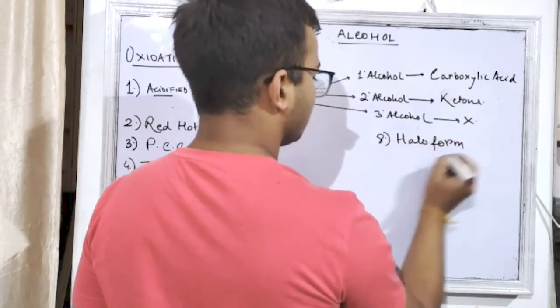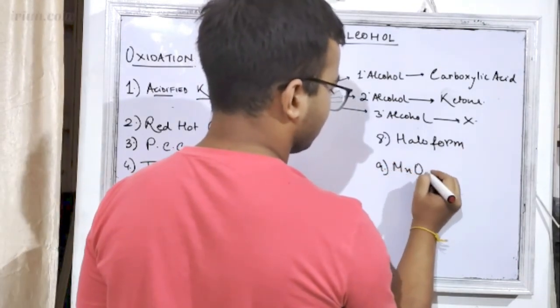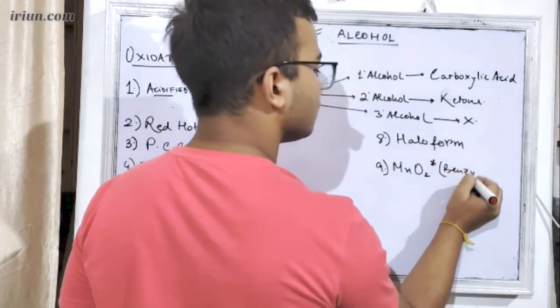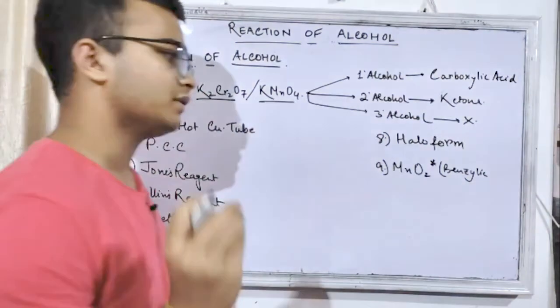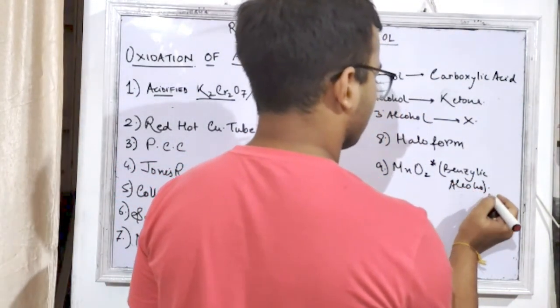Number 9, you can write also MnO2, but only for benzylic alcohol. Putting a star and writing benzylic alcohol means there has to be a benzene group attached. So benzylic alcohol. Right.